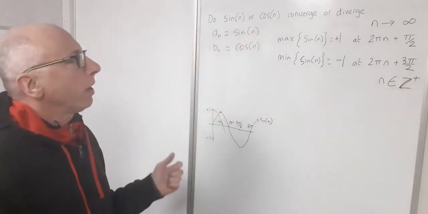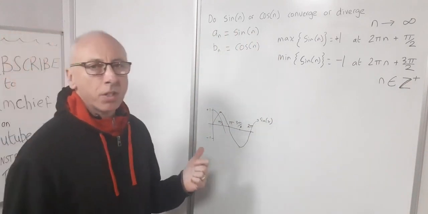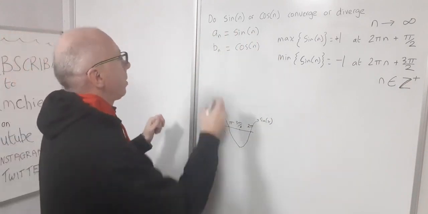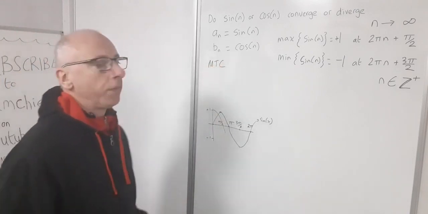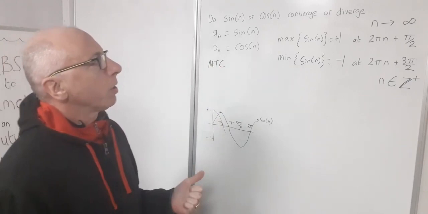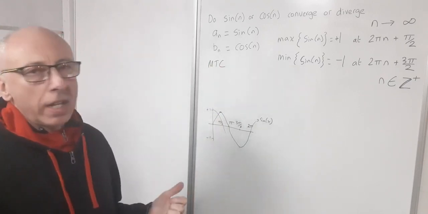So how do we know if this converges or diverges? Well, by the Monotone Convergence Theorem, or MCT, a sequence converges if it approaches one limit.